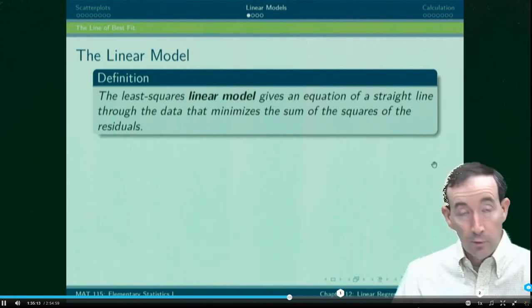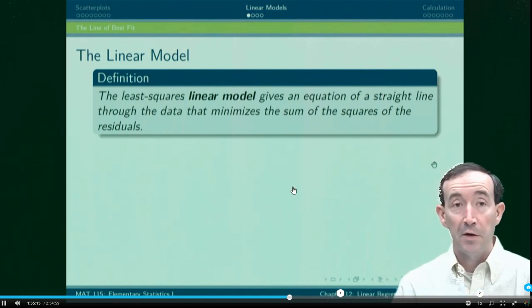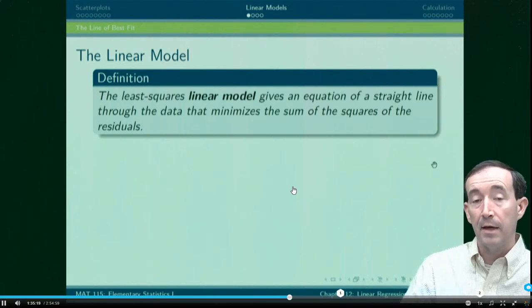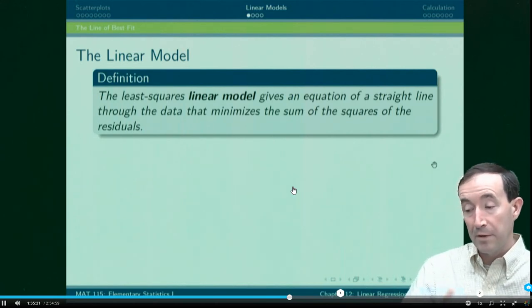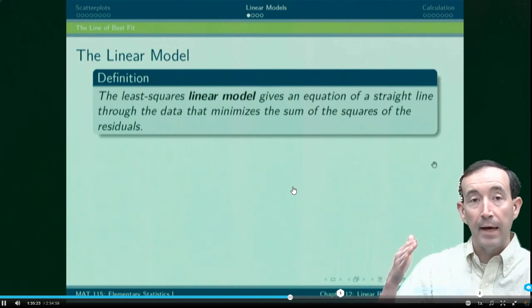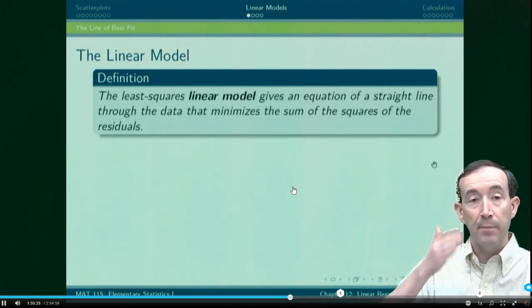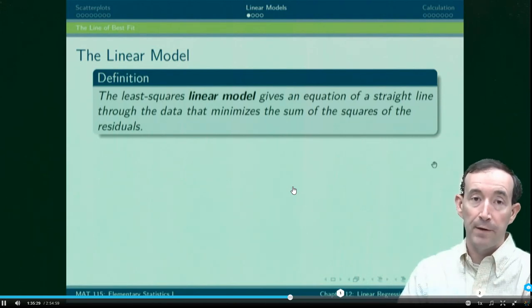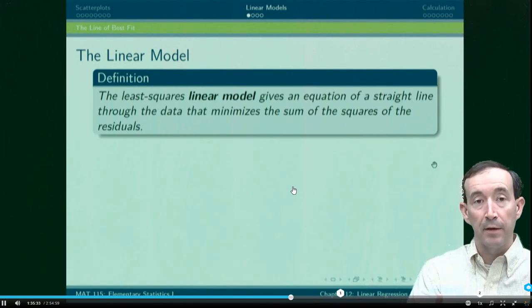The type of linear model we're going to use is called least squares regression. Essentially, it takes a y equals mx plus b form and compares the predicted value of y with the actual observed value of y. And what we do there is we subtract those two things.